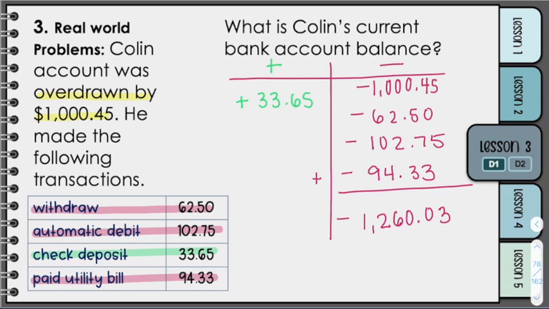So you're going to take that value and add that to the 33.65, and you notice they have different signs, so you have to take the difference and then take the sign of the larger number or absolute value. So you're going to get negative $1,226.38.